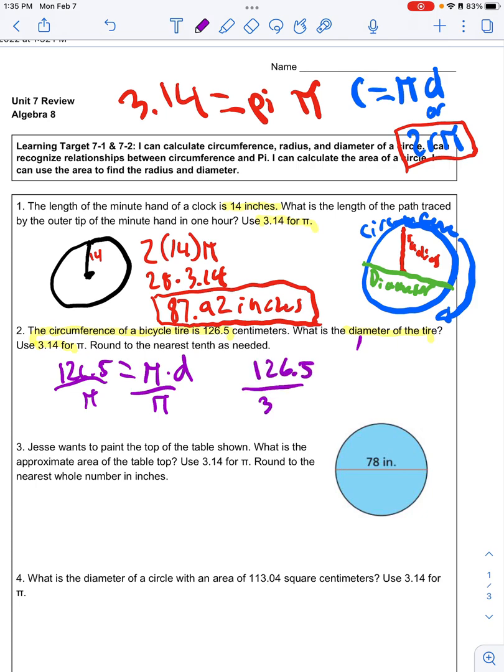So 126.5 divided by 3.14 is 40.2866, but it says to the nearest tenth, which is the first one after the decimal. So I'm going to call this 40.3 centimeters.